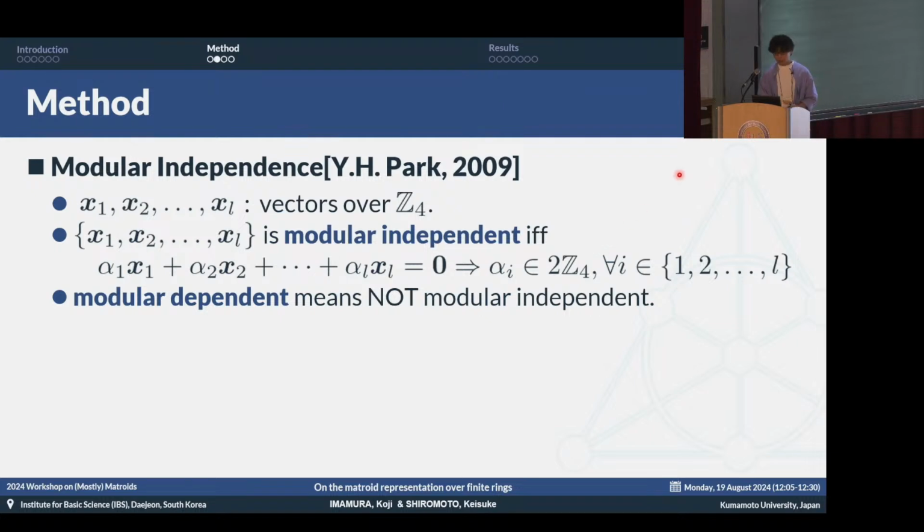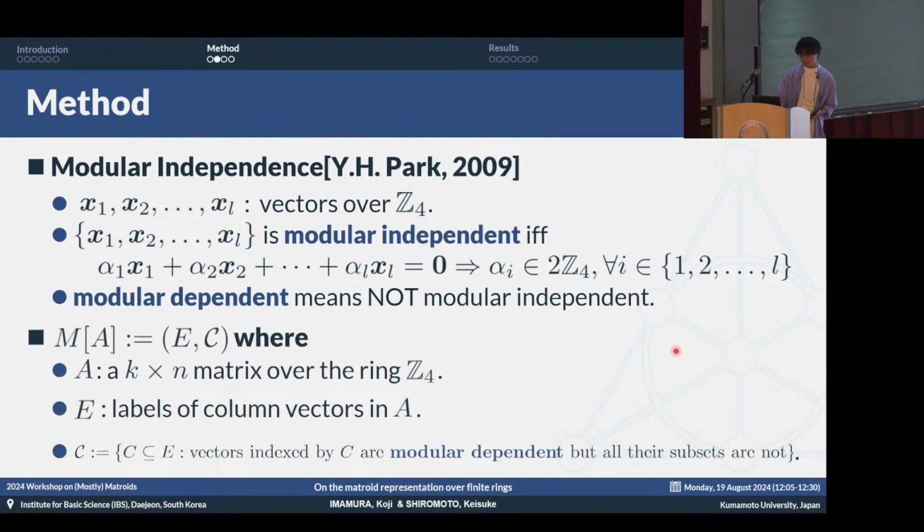Modular independence was defined by Park in 2009. A set of vectors over Z4 is modular independent if any linear relation guarantees that all of its coefficients must be 0 over 2. Modular dependent means, of course, not modular independent. Now we try to construct a matroid by almost the same procedure as in the case of finite fields.